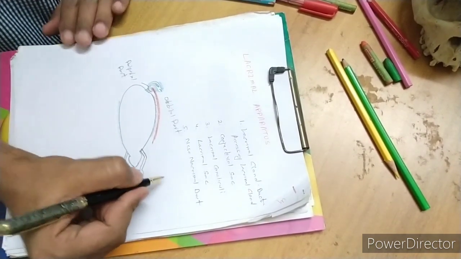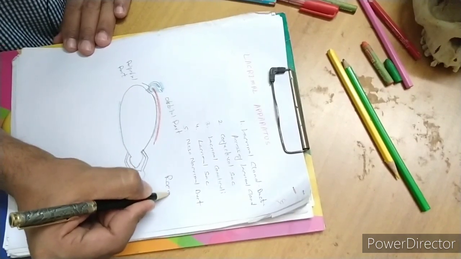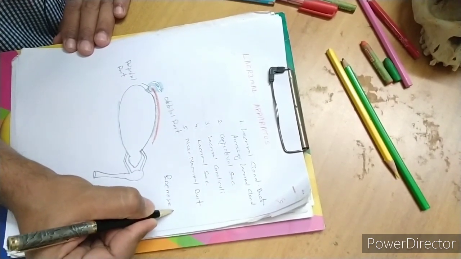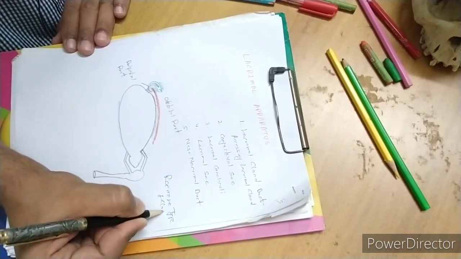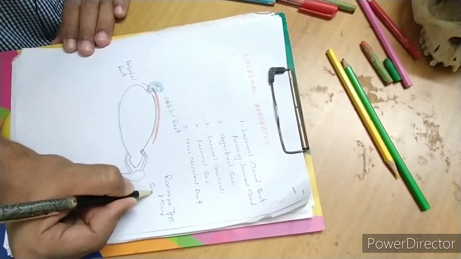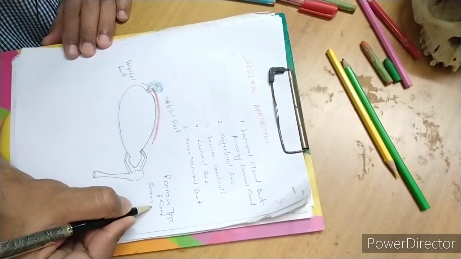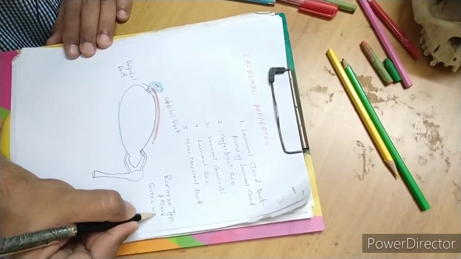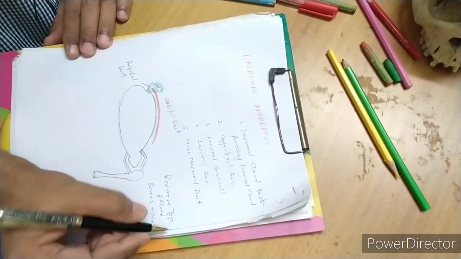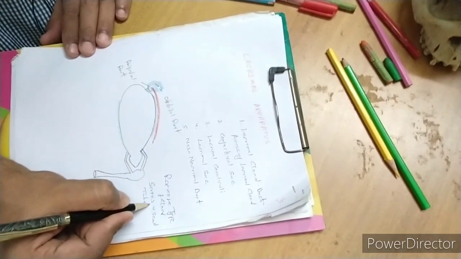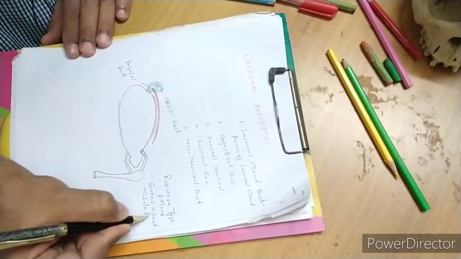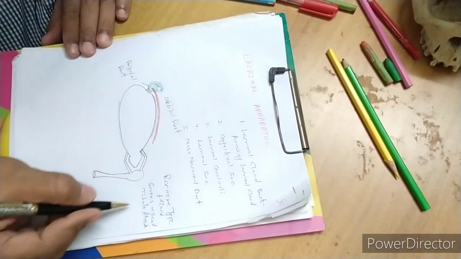It is a racemose type of gland which is serous in secretion, and this is a tubulo-alveolar gland. The structure of the gland is tubulo-alveolar.